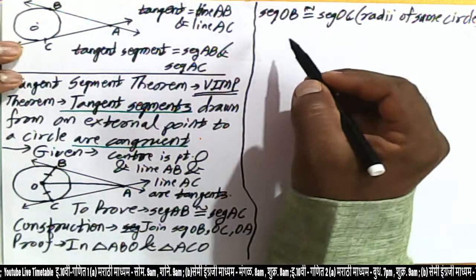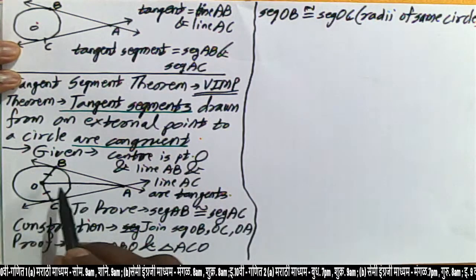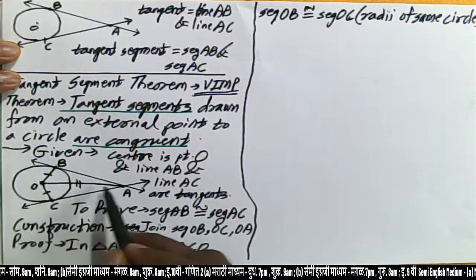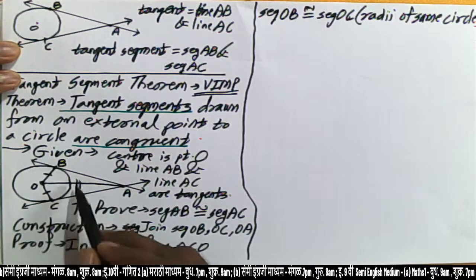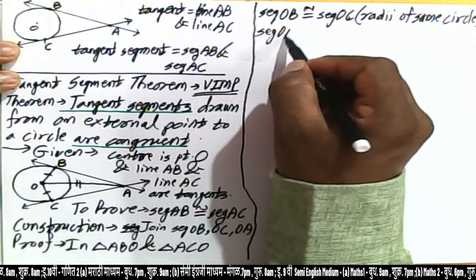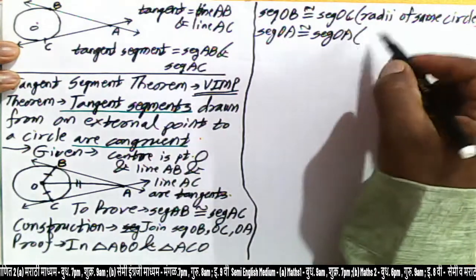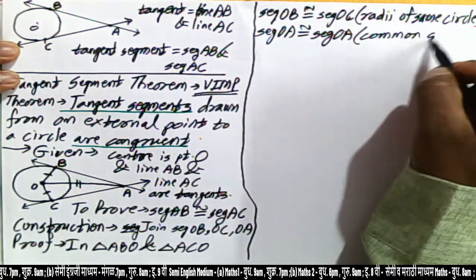Then in both triangles, OA is the common side, therefore segment OA is congruent to segment OA, because it is a common side.